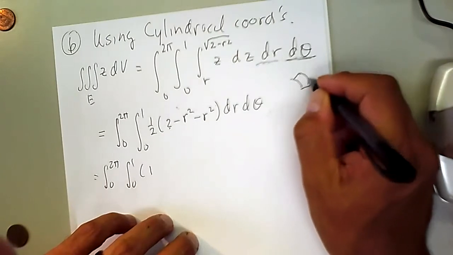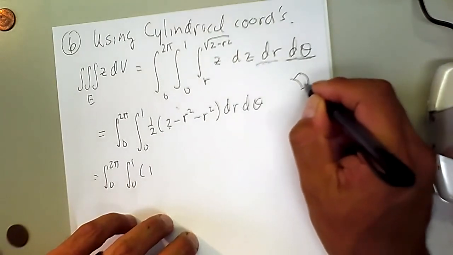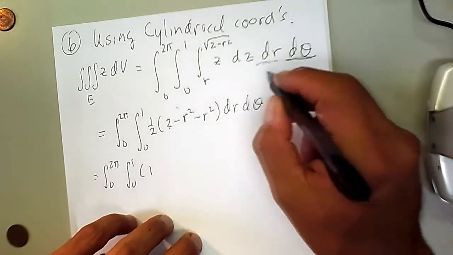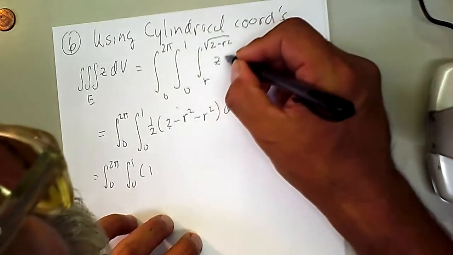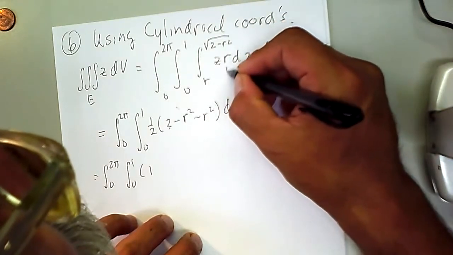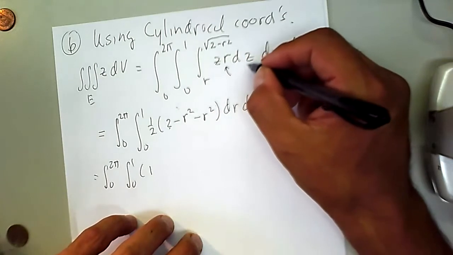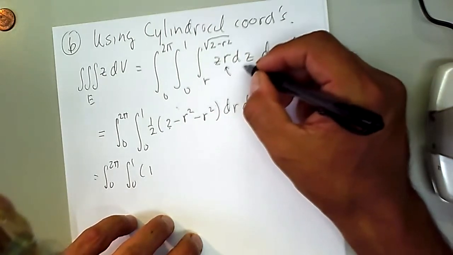It's not square, so we have to take that into account. Remember, we have to multiply by the Jacobian. Whoa, r. Whoops, I almost forgot it. I did forget here, but I remembered before it was too late.